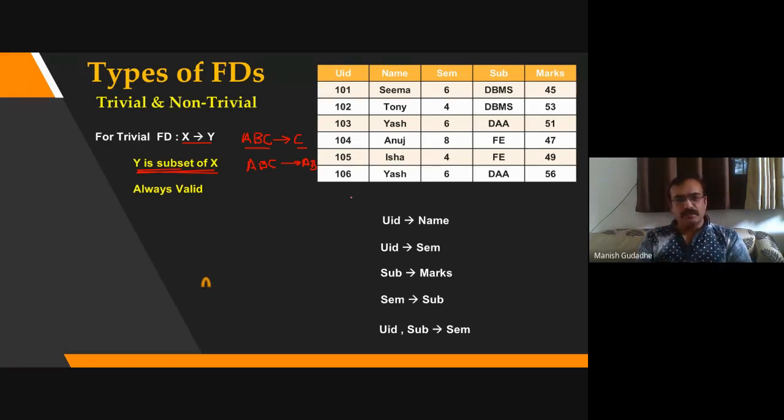In fact, this is very simple. We are determining the value which we already know. When I say that I know ABC, definitely I know C. I know ABC, definitely I know AB, the combination of AB. So if Y is a subset of X, that means I know the value of Y. Let us say that UID and subject determines subject.